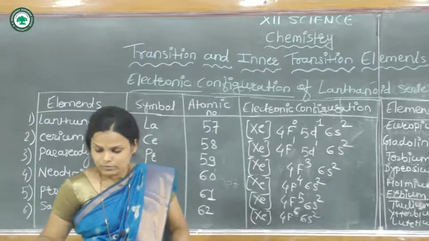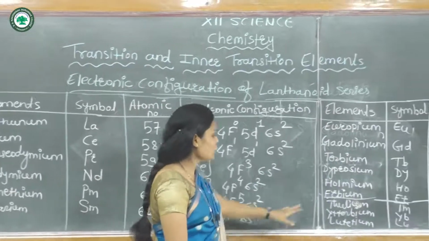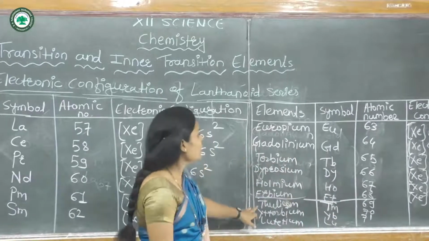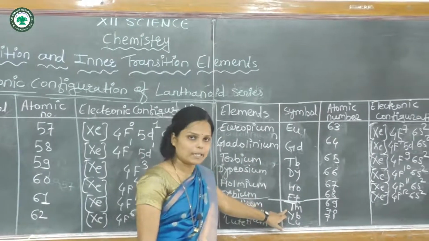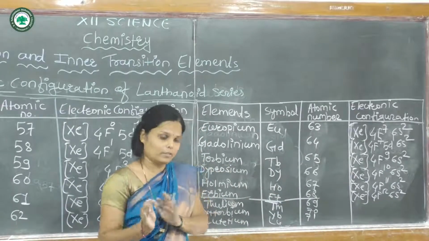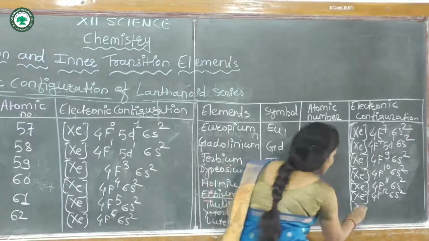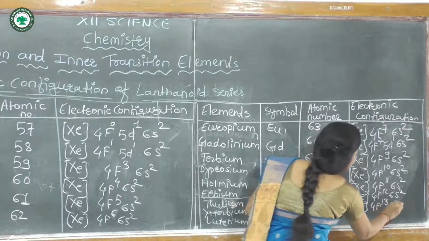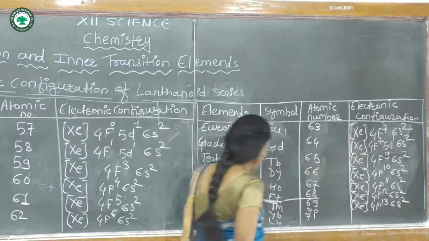Now the next element is thulium. Thulium is denoted by capital T, small m, and the atomic number of thulium is 69. Then the electronic configuration is xenon, 4f13 and 6s2.